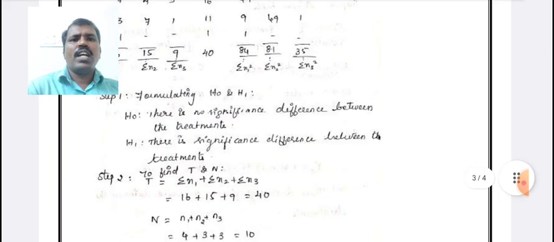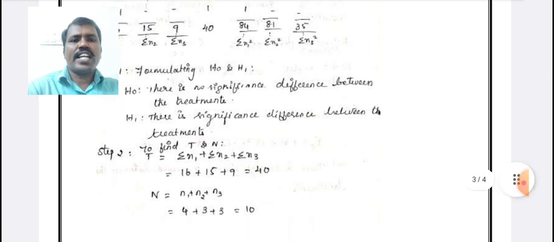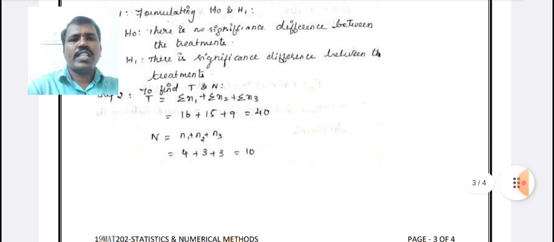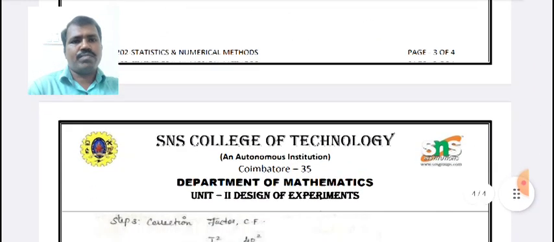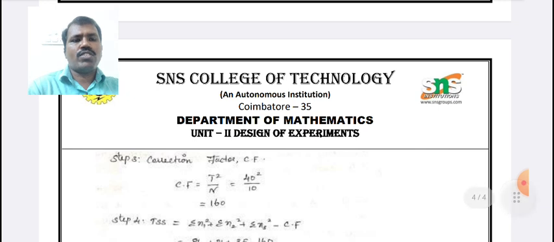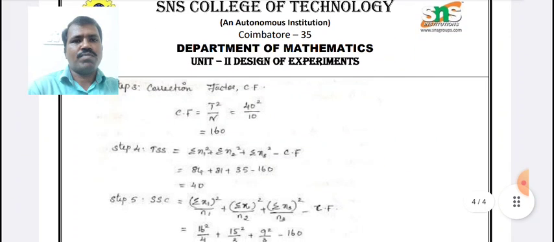First step, the null hypothesis H0: there is no significant difference between the treatments. And H1: there is significant difference between the treatments. To find T and N, T equals 40, N equals number of values, 10. The correction factor CF equals T square by N equals 160.